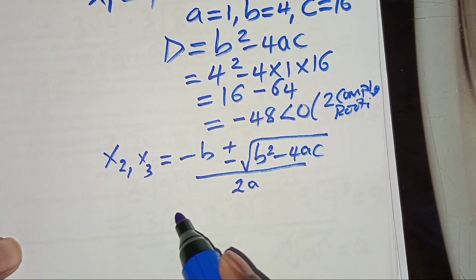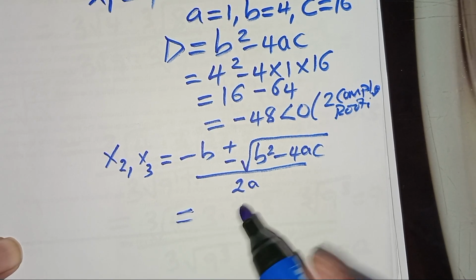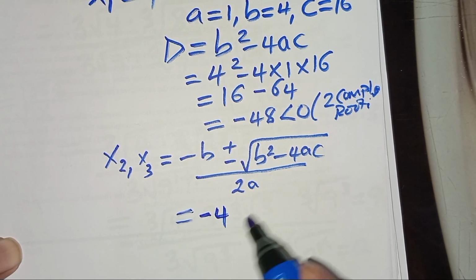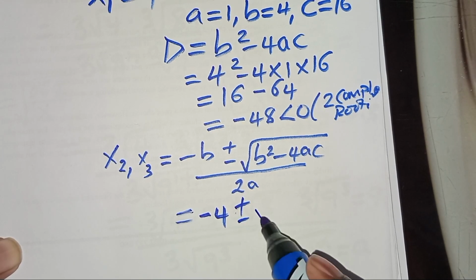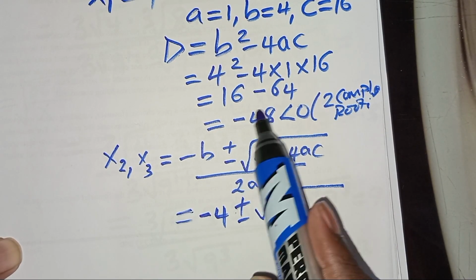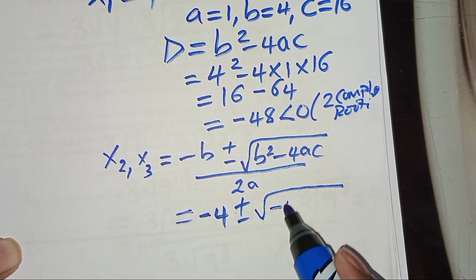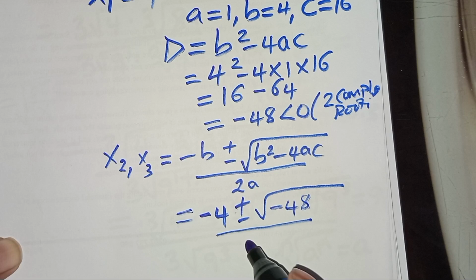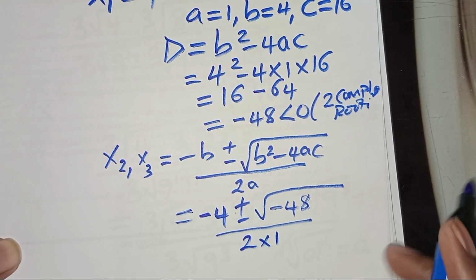Applying this formula, we'll have negative b, which is negative 4, plus or minus the square root of b squared minus 4ac, which is negative 48, divided by 2 times 1.